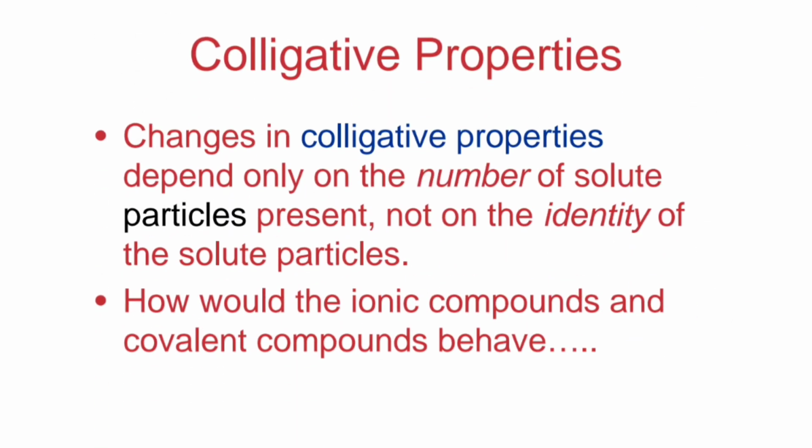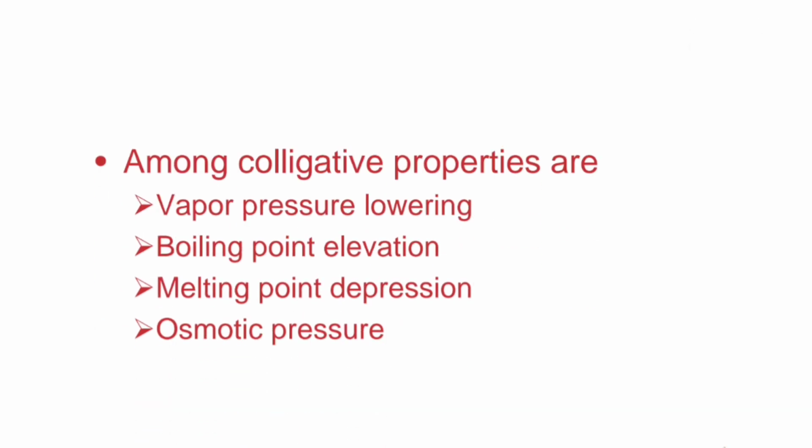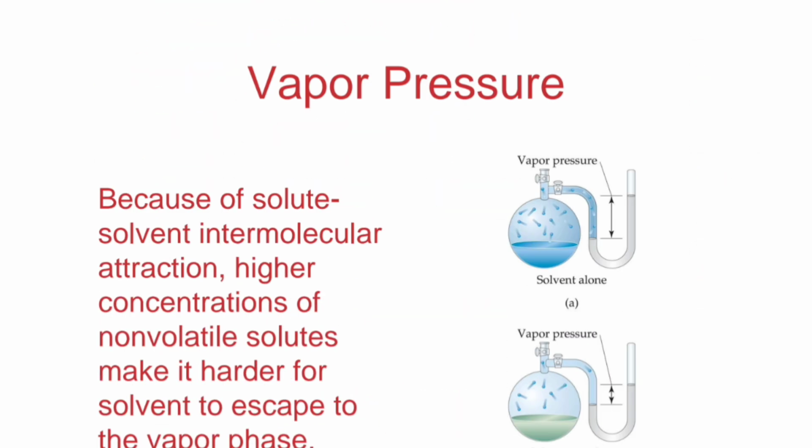Colligative properties: changes in colligative properties depend upon the number of solute particles present, not on the identity of the solute particles. These are some colligative properties: vapor pressure lowering, boiling point elevation, melting point depression, and osmotic pressure. You only have to know a little bit about these.